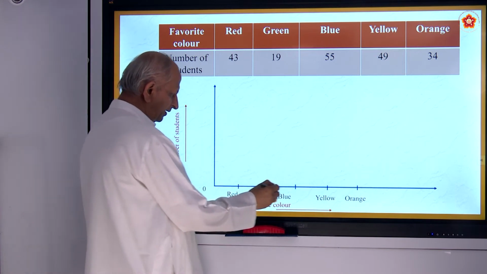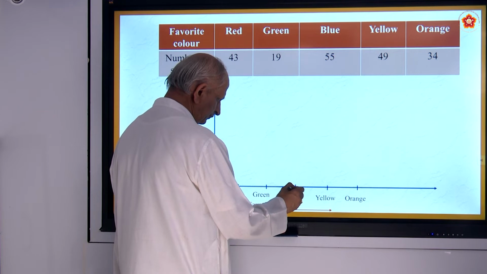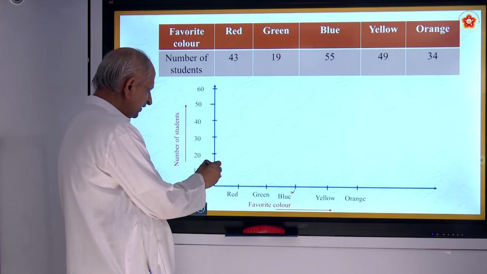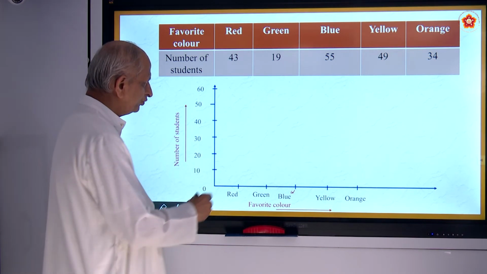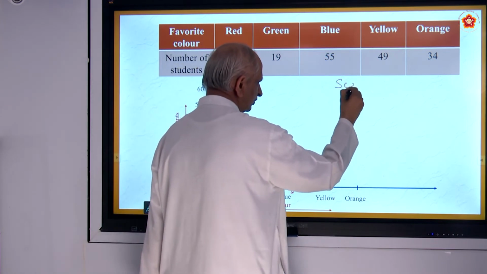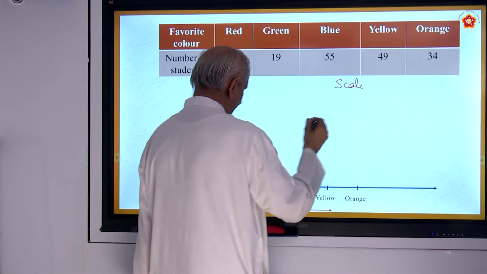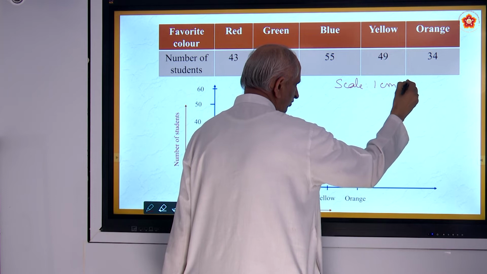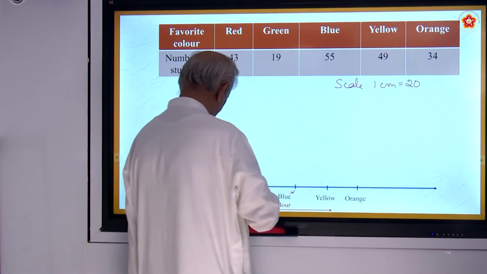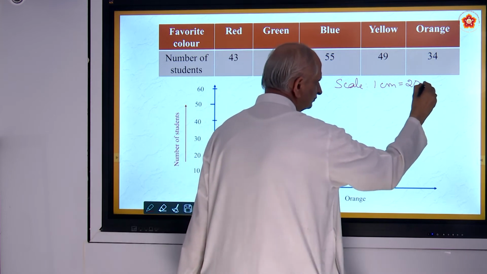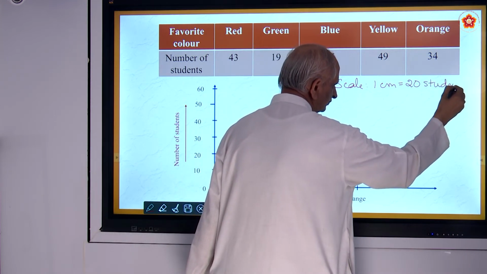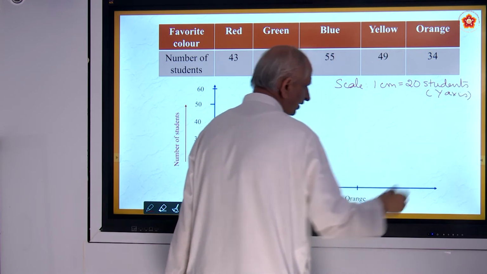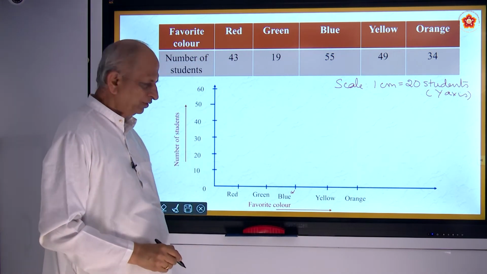So, red, green, blue, yellow, orange, and here for every centimeter 10, 20 like that. So, scale you can write, x-axis, y-axis, 1 centimeter is equal to 20 students, number of students. That is in y-axis. On x-axis, 1 centimeter is equal to 1 color.